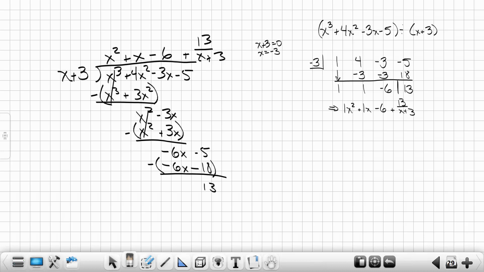So, I'm always dropping by 1 power. I started at x cubed. You good with that? That makes this x squared, which means the next one drops a power, until you hit the remainder. You always just keep dropping a power as you go to the right.